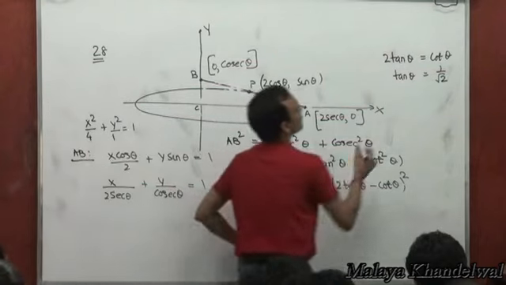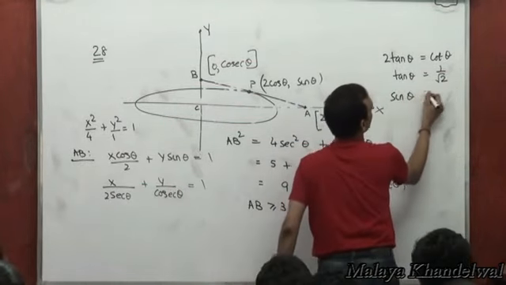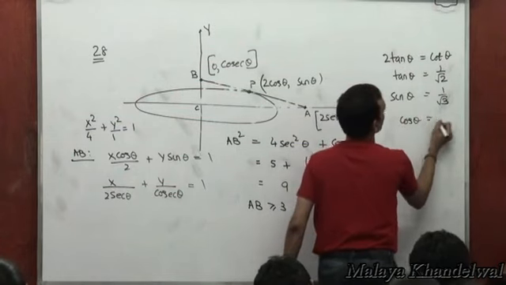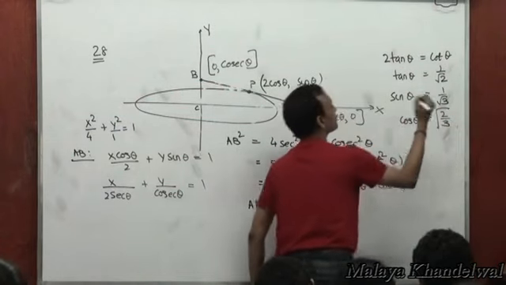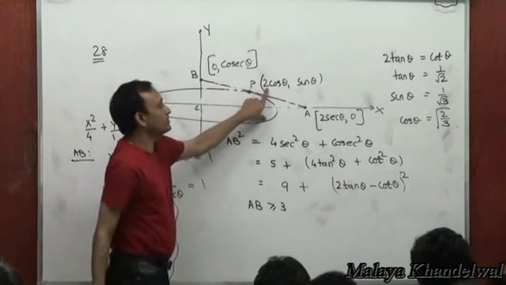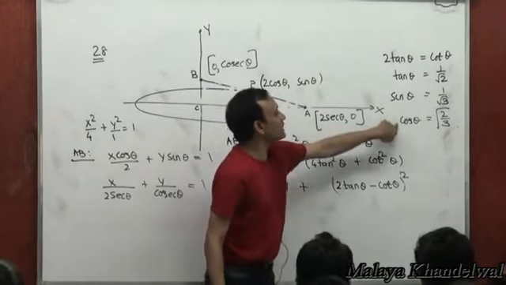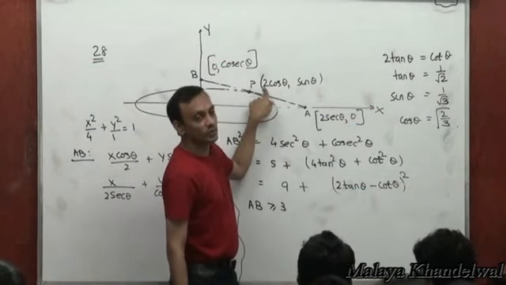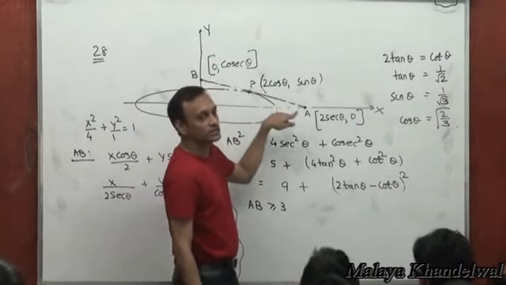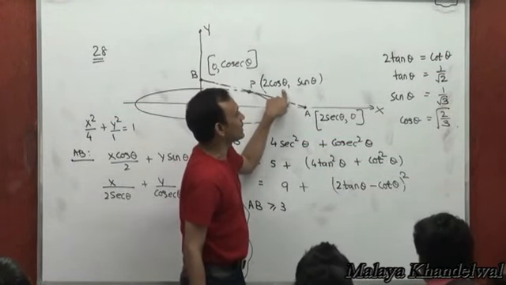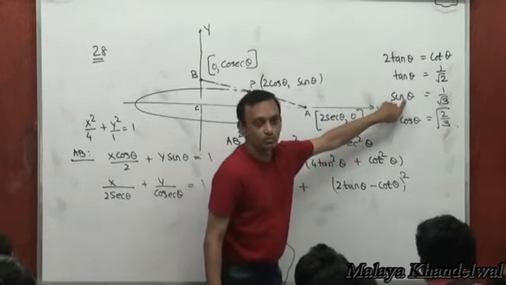And therefore, from this you can find sin theta as 1 by root 3 and cos theta as root 2 by root 3. So I know the coordinates of the point P for the area of the circle to be the least: 2 cos theta and 2 sin theta, so 2 into root 2 by 3 and 1 by root 3.